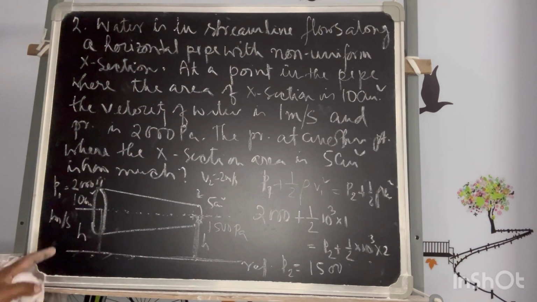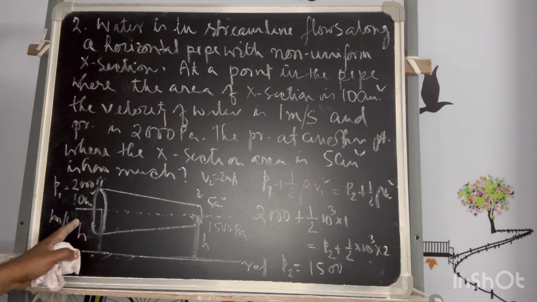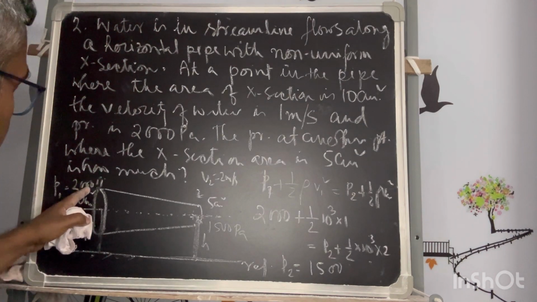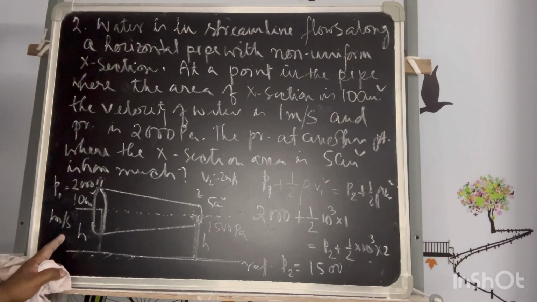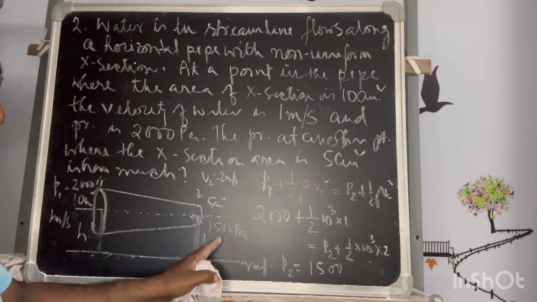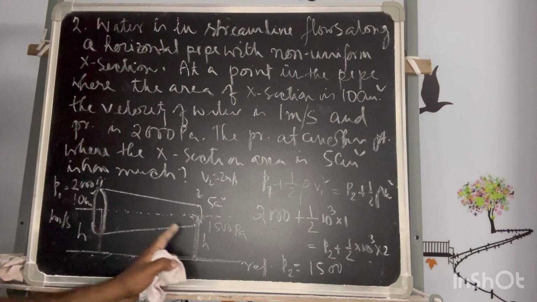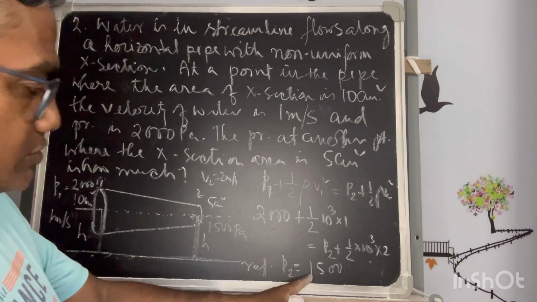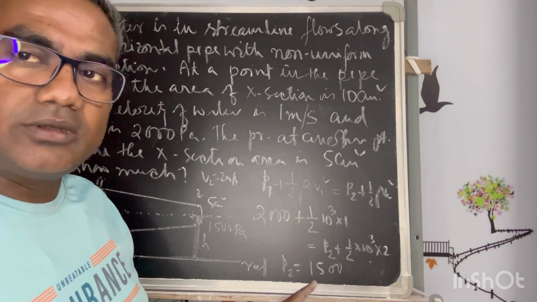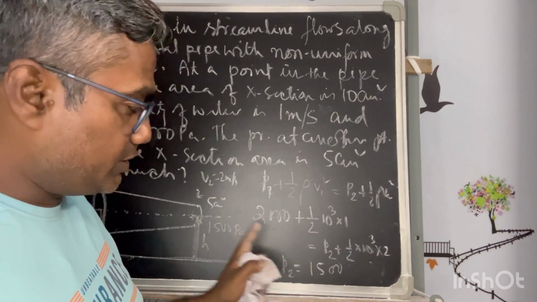Fine. So now you can see, as the velocity energy increases, the total is the pressure energy plus velocity energy. As the velocity is increasing, and because potential energy is the same, definitely the pressure energy will reduce. That also clarifies your doubt, because energy is conserved.